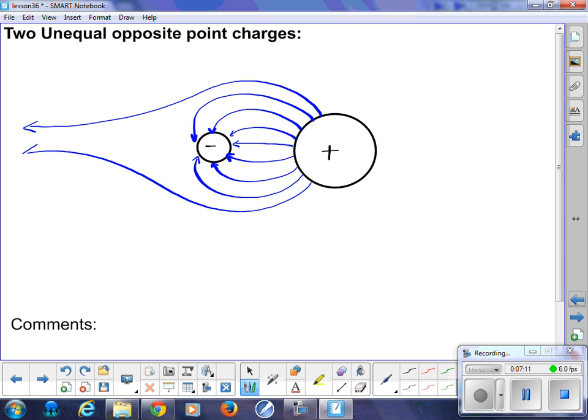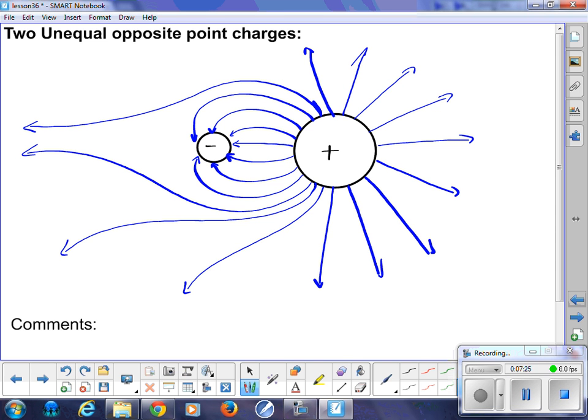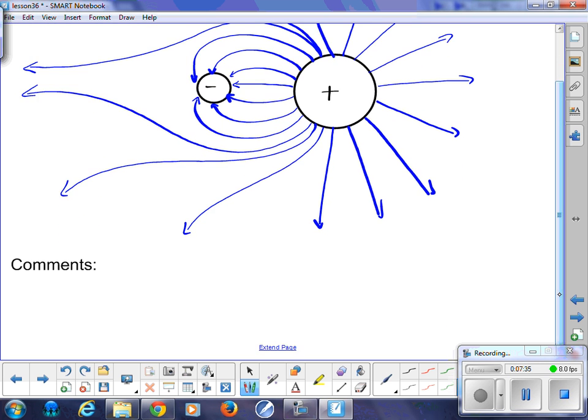So that positive charge takes over the overall diagram here. So that smaller negative charge has less and less influence on the field lines coming out of the larger charge. Okay, and it still becomes sort of that star pattern as you zoom out.